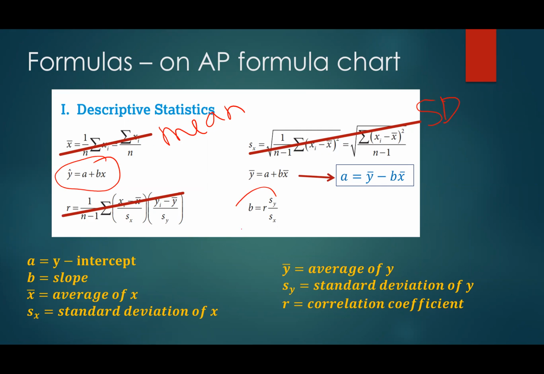So you'll have to do this one first, and then this one second. And then remember, R is your correlation coefficient, S is the standard deviation of either Y or X. B, when it's written this way, is your slope, and A, when it's written this way, is your y-intercept.